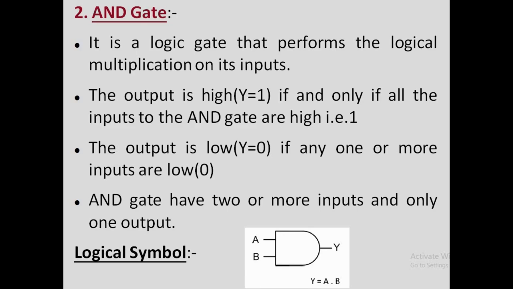An AND gate has 2 or more inputs and only one output. In this diagram, the logical symbol is given. In this symbol, there are 2 inputs A, B and only one output Y. This is the shape of the logical symbol of the AND gate.